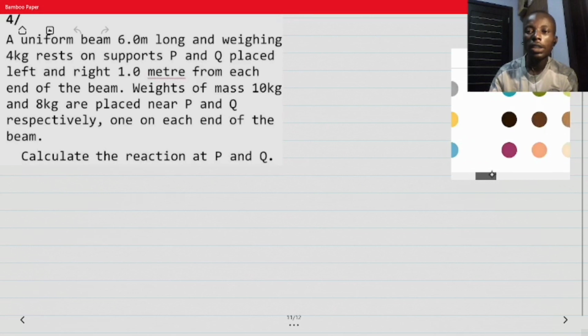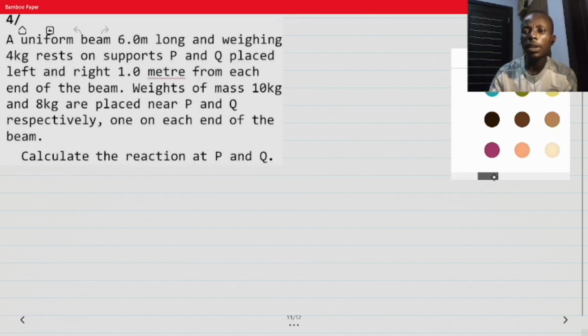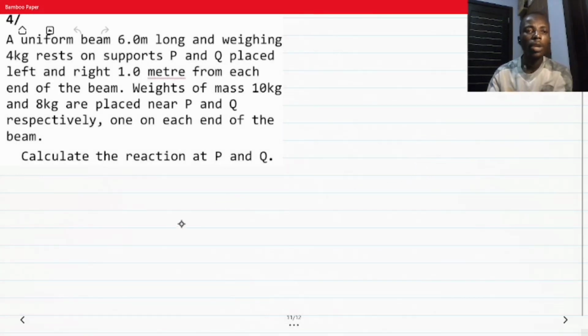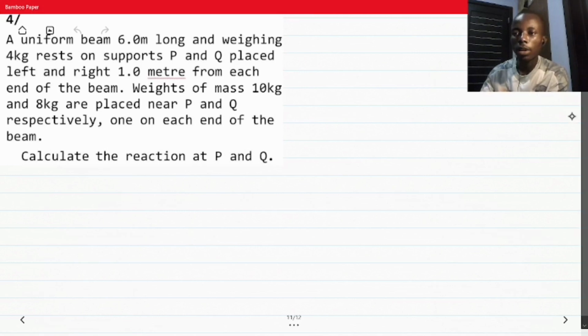I'm going to draw a diagram. Let me look for my red pen. Can I find my red pen? Okay, let me manage this. Okay, so I'll draw my uniform beam, and the beam is 6 meters long. Let me draw it here this time.